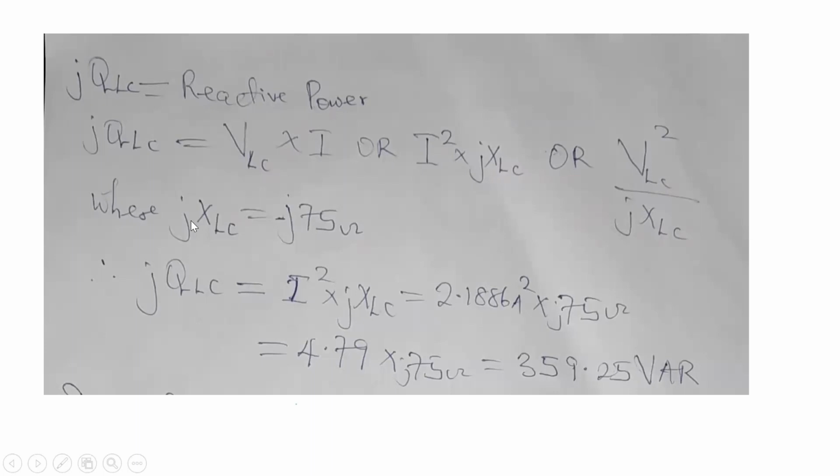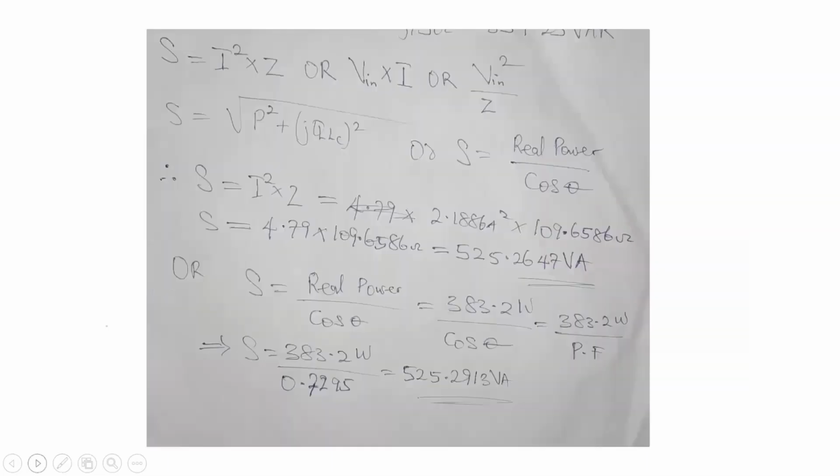And our reactance is minus j75 ohms. Are you following me? So we choose the second one, because we know our reactance and we know our current. And when we fix it, we have the reactive power to be 359.25 volt-ampere reactive, VAR.